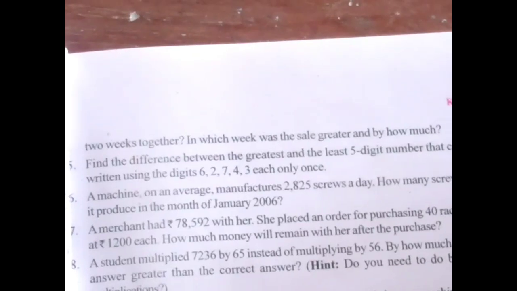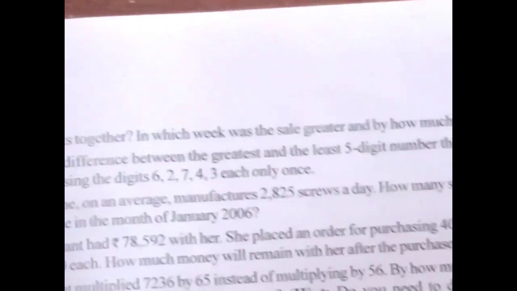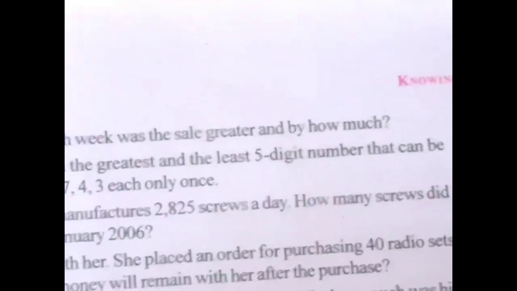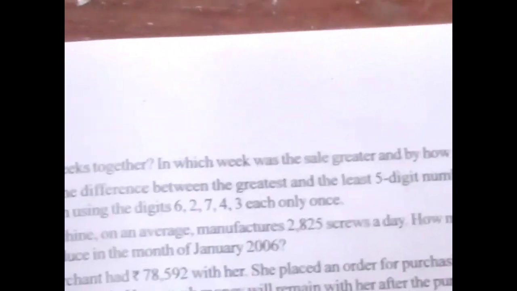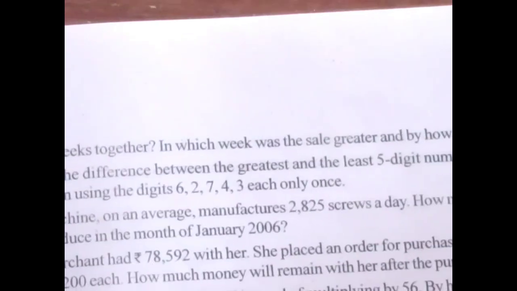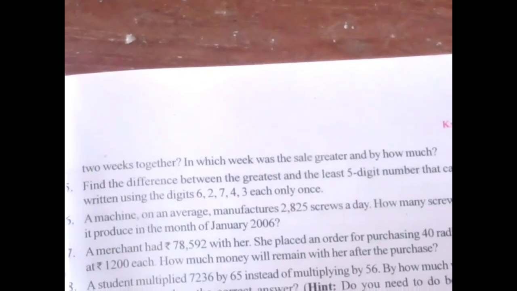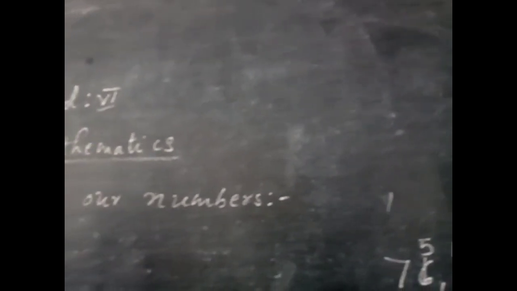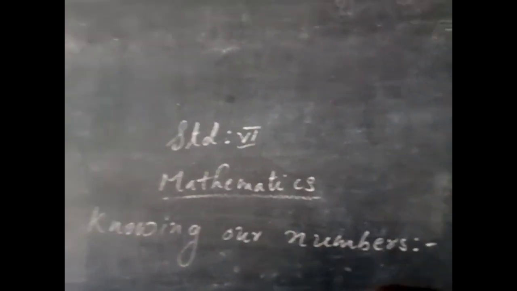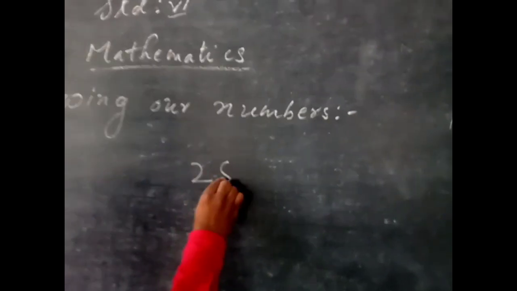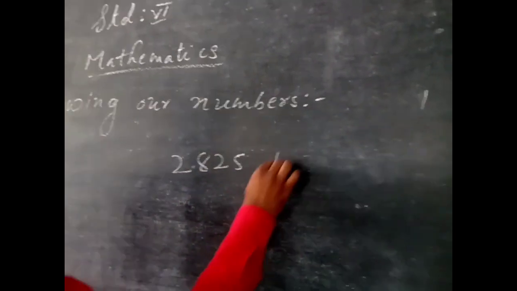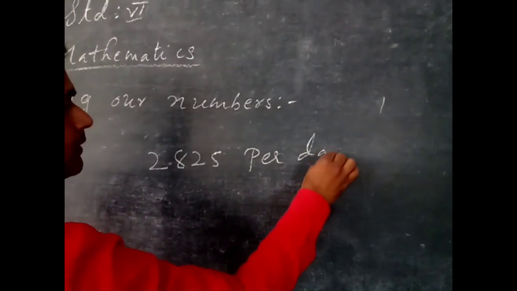6. A machine on average manufactures 2,825 screws a day. How many screws did it produce in the month of January 2006? How many screws are manufactured in a day? 2,825 per day. Right?